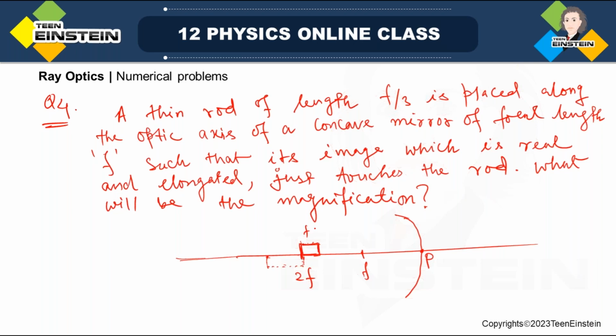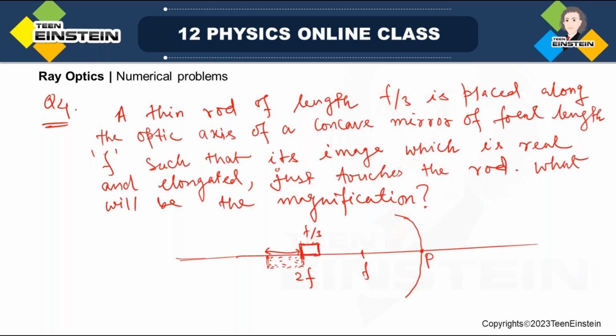So this is f by 3. This is the object, and this is the image actually. This is the rod, this is the image. All right, so this is elongated. We have to find out the magnification.